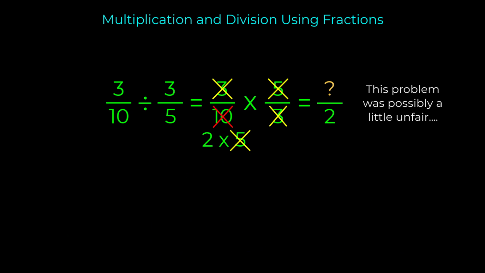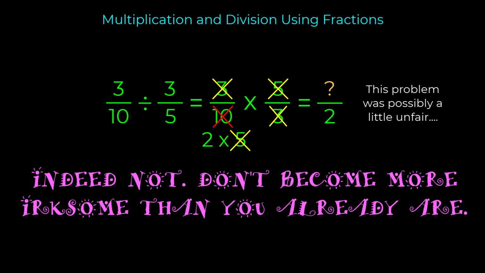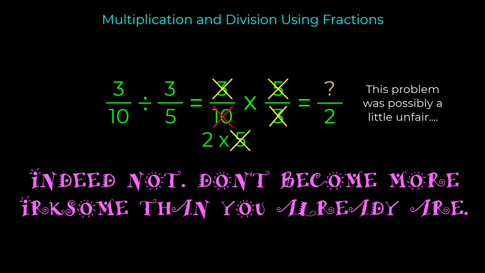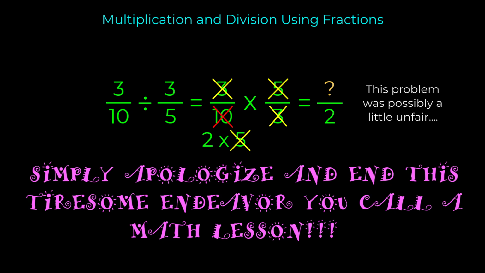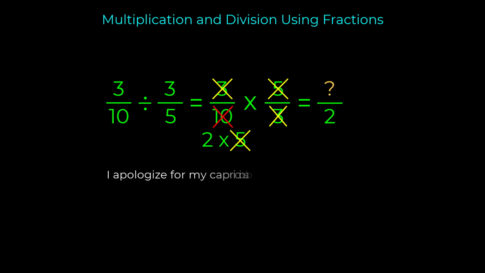Fairiness? I don't suppose it'll do me any good to argue about this. Indeed not. Don't become more irksome than you already are. Simply apologize and end this tiresome endeavor. Call a math lesson. Okay, I apologize. I'm sorry, everyone, for my capricious behavior.